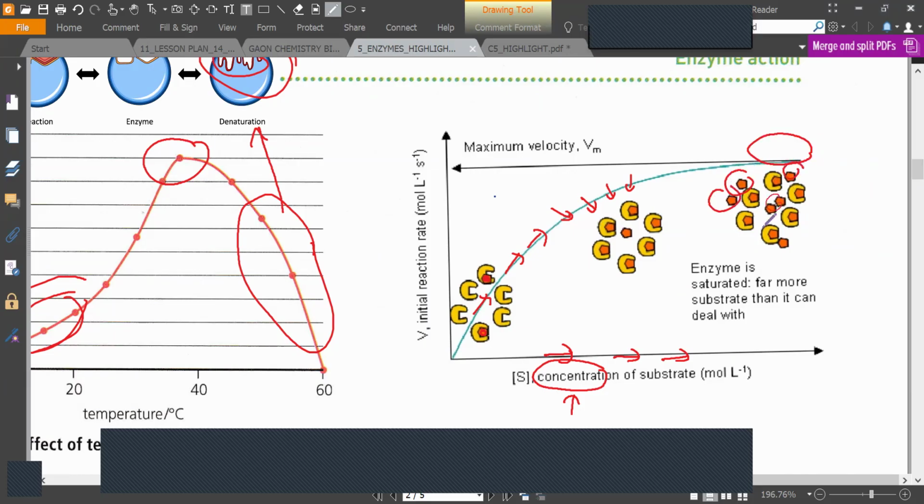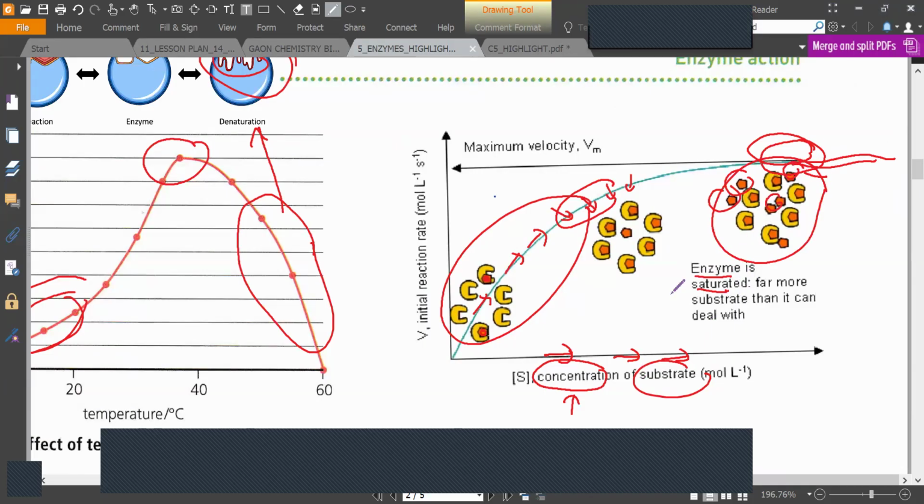Now the substrate is too much. Now the enzyme is saturated. So now even if we increase the substrate, the rate of reaction will not change. But at the start, if we increase the concentration, the rate of reaction will increase. But when it is too much, it will stay the same because all the enzyme already used up, already saturated.